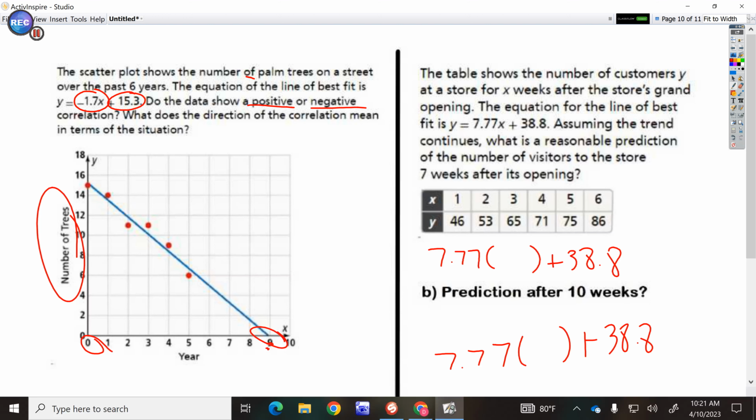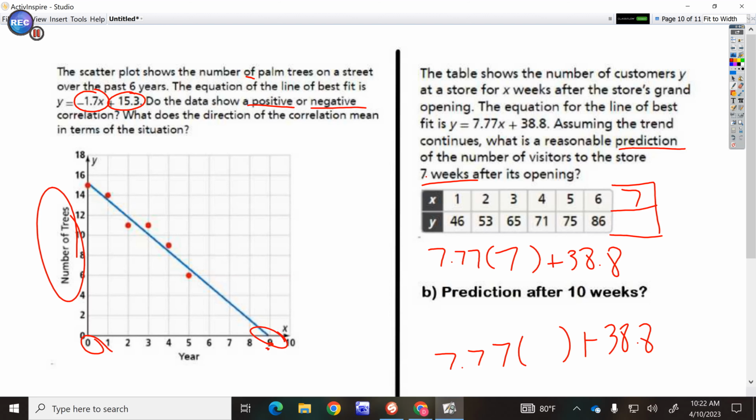What are you going to put in the calculator if it says prediction after 7 weeks? What are you going to do? I've never taught you this before. You've never seen it. But somebody says, look at this table. Predict week 7. What would you do? You have to put the 7 in the parentheses. That's it. So do it in the calculator.